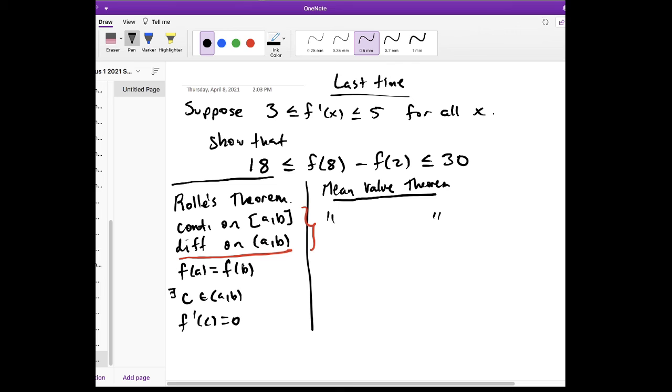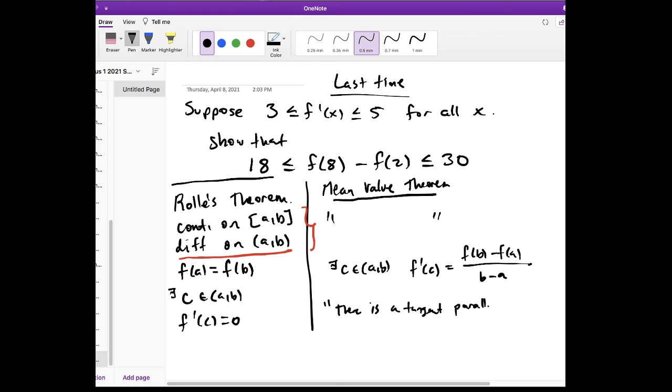We didn't require that the endpoints be the same, but the c that exists for the mean value theorem is such that the derivative is equal to the slope of the secant line. So one way we talked about this was that there is a tangent line parallel to the secant line.